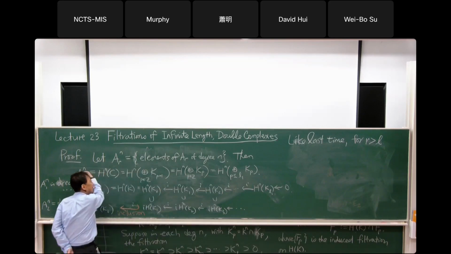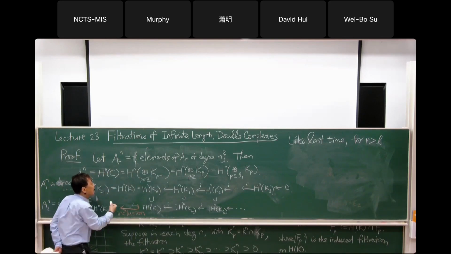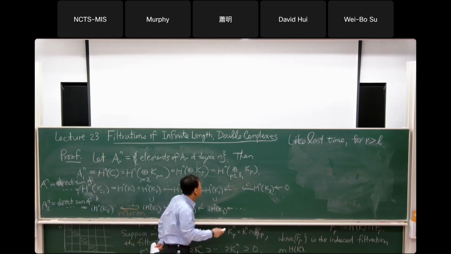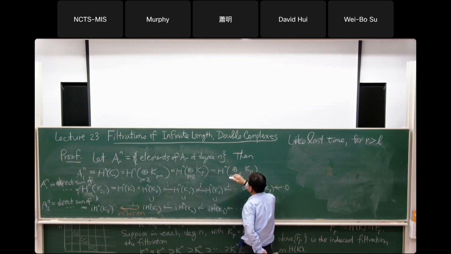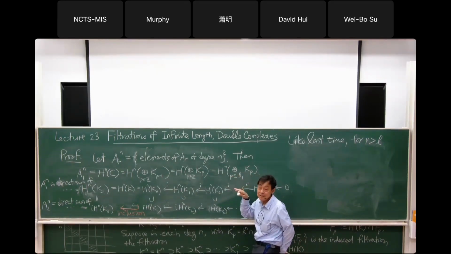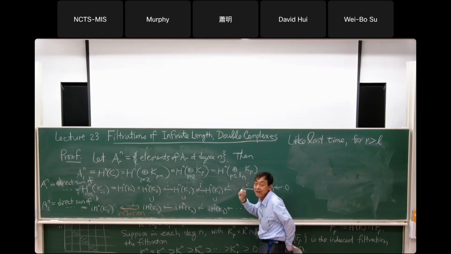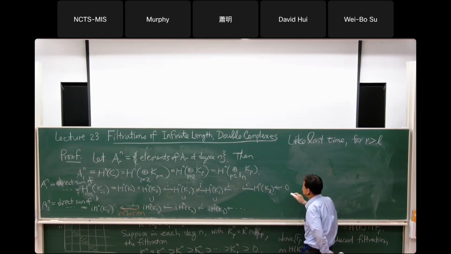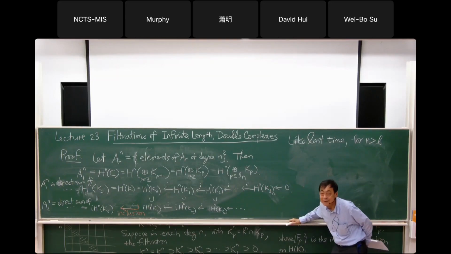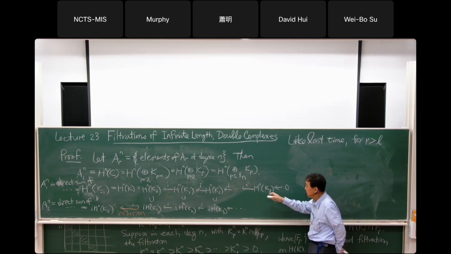So in degree n, the filtration has length Ln, so this should be Ln. In degree n, we assume that the filtration has length Ln. Okay, so this should be degree Ln.